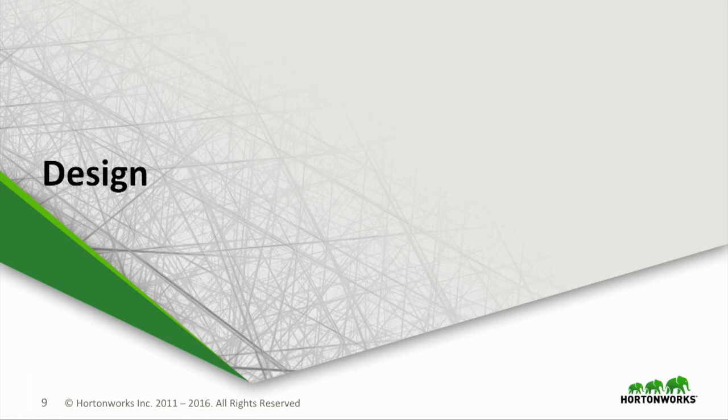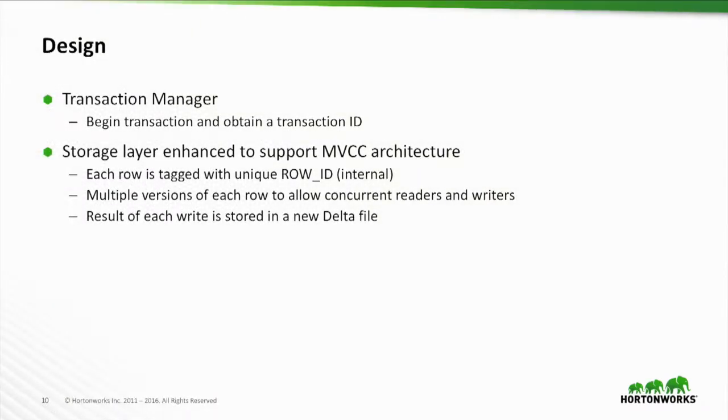So now let me talk about the implementation details. First of all, I keep talking about transactions. So there is, of course, a transaction manager, which allocates transaction IDs and also keeps track of the state of every transaction in the system, whether it's aborted, running, or committed. The storage layer is enhanced to support multi-version concurrency control.